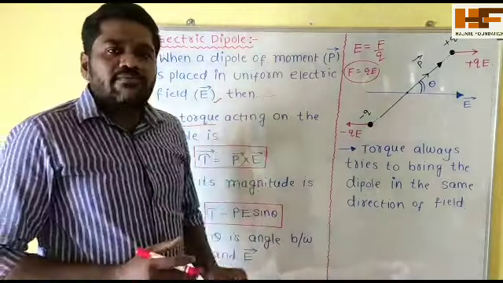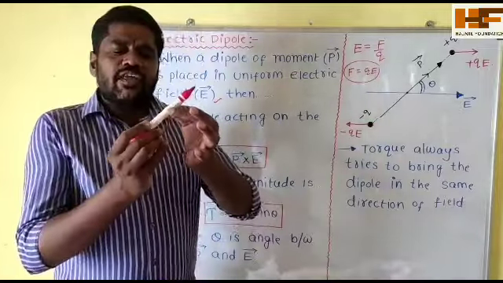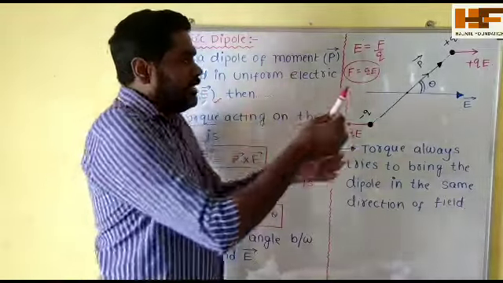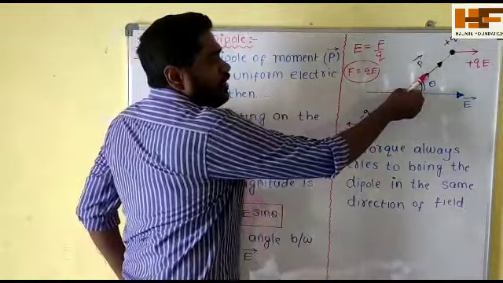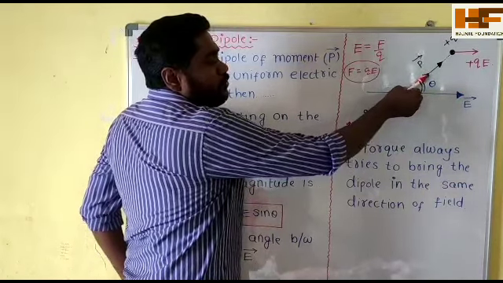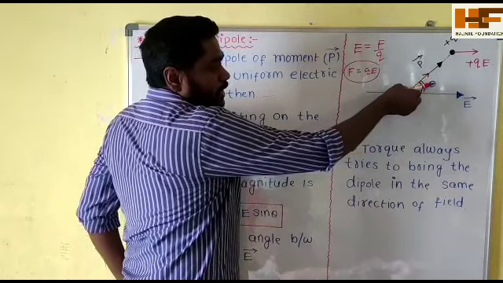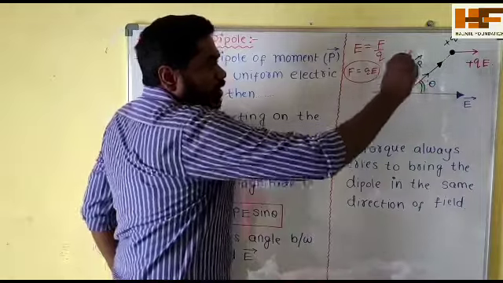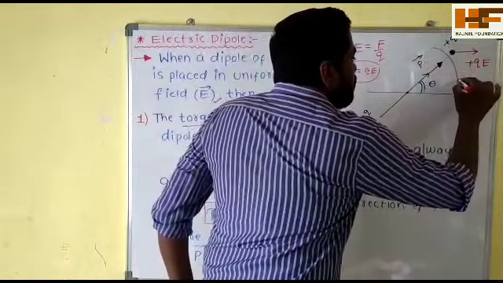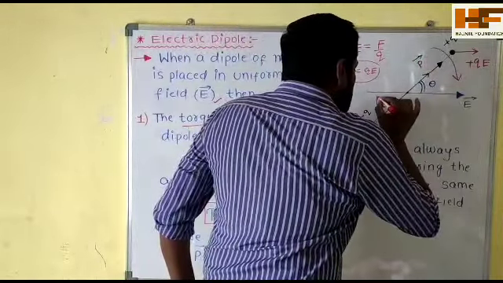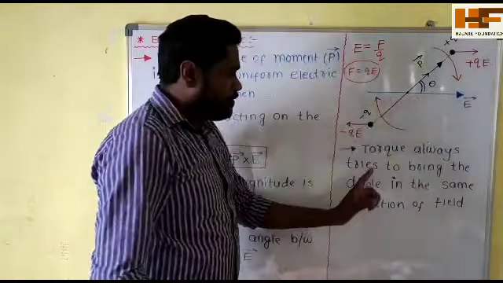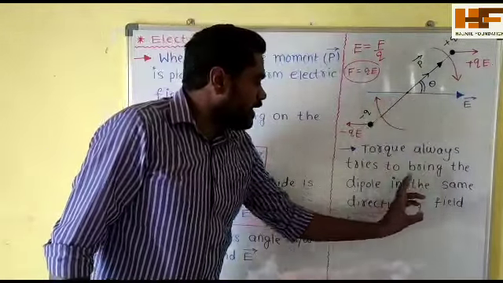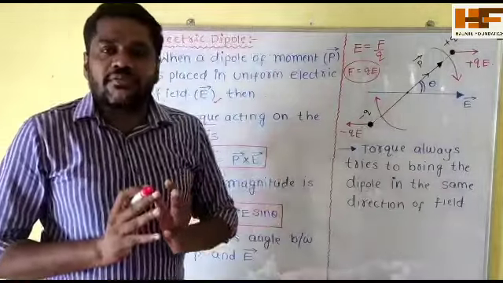Next, what is the work of that torque? For example, now this is the position of the dipole. Slowly it is coming like this. Therefore the torque is always trying to bring the dipole into the same direction of the electric field.